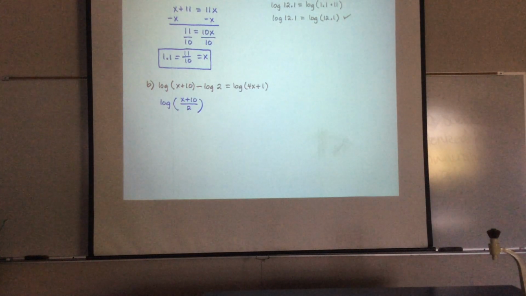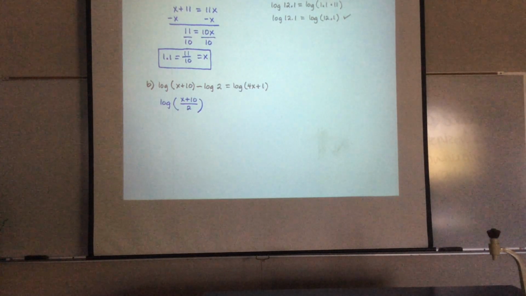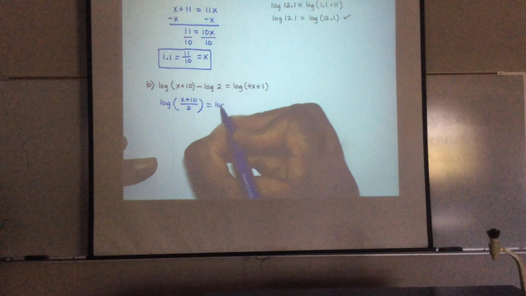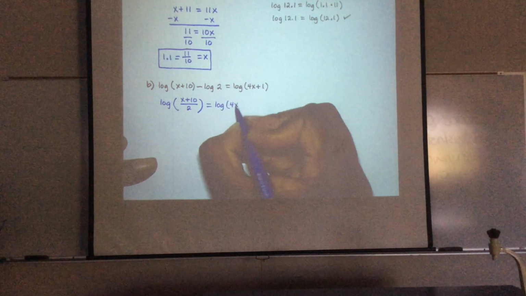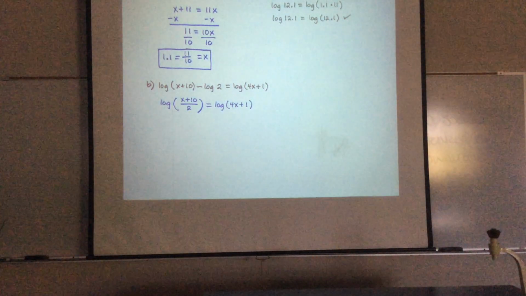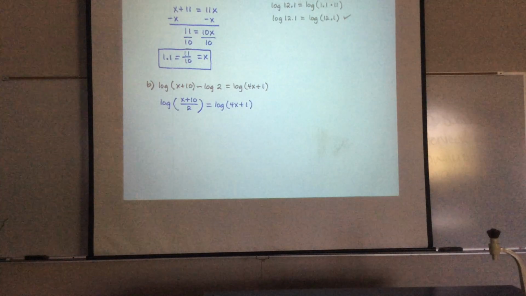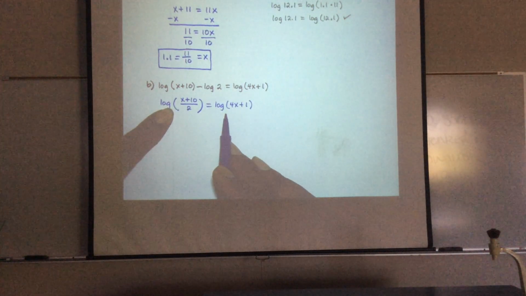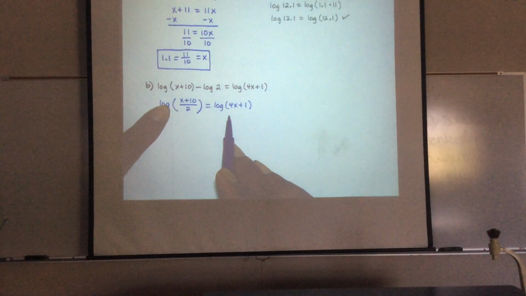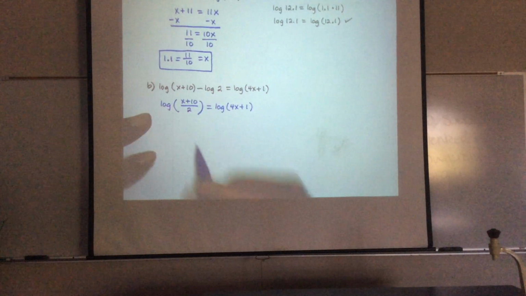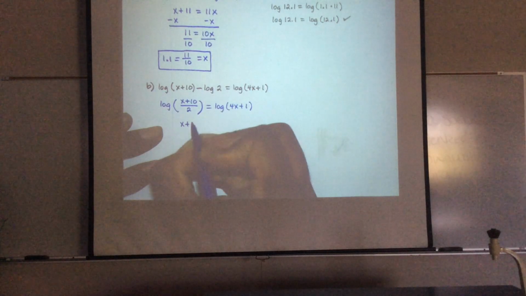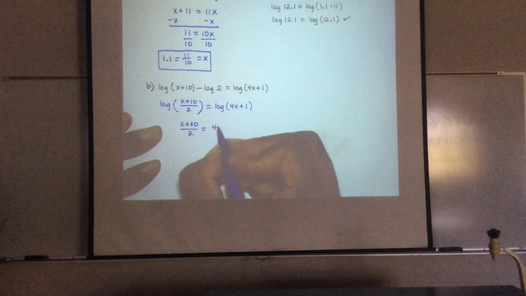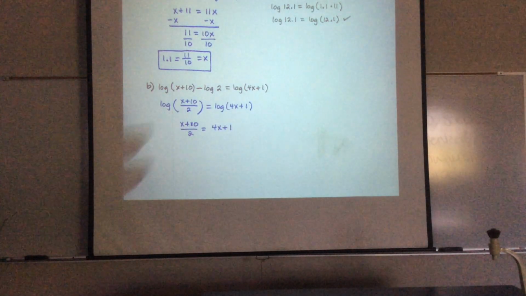So we've got the log of x plus 10 divided by 2 equal to, the right side is a single logarithm, log of 4x plus 1. Now again, I'm going to use the one-to-one property. Here I got the log of the understood base 10 on both sides. They're both the same, so I can set that x plus 10 over 2 to be equal to the 4x plus 1 on the right side.